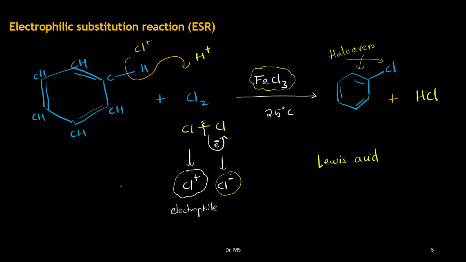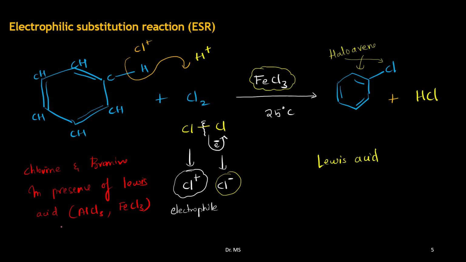So just remember this. You can use chlorine and bromine in presence of this Lewis acid, which is AlCl3, or you can also use the iron chloride, FeCl3.